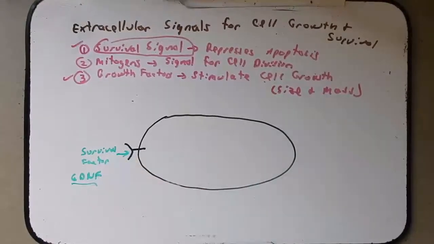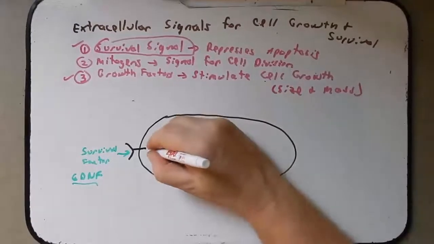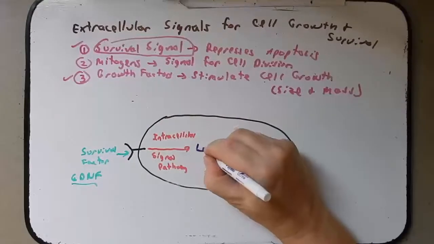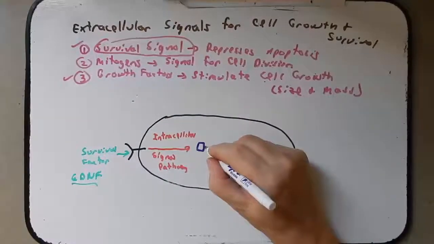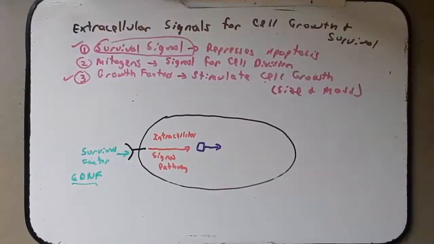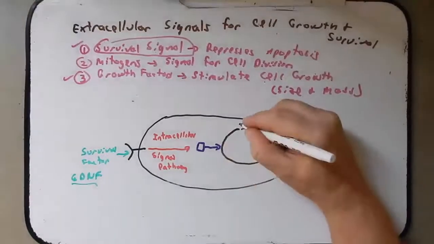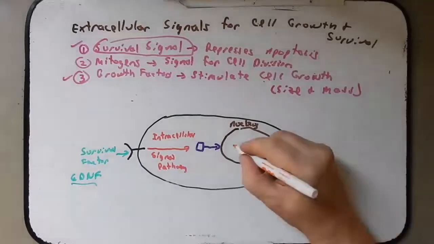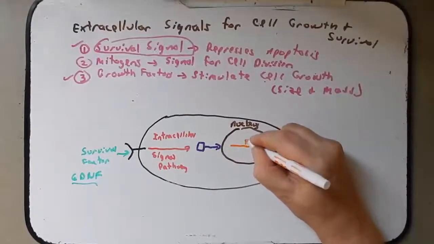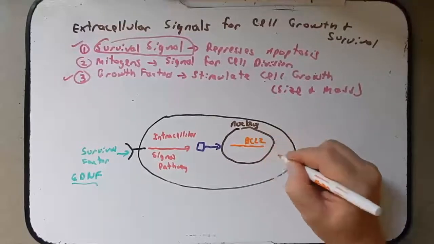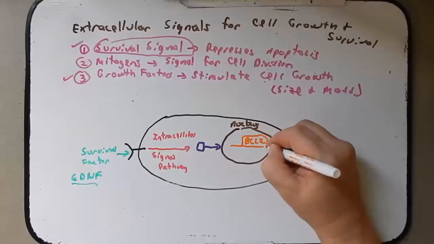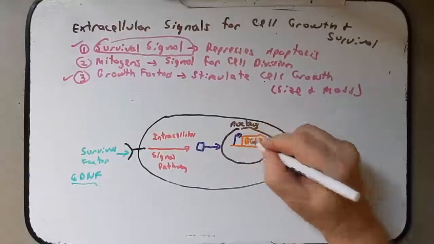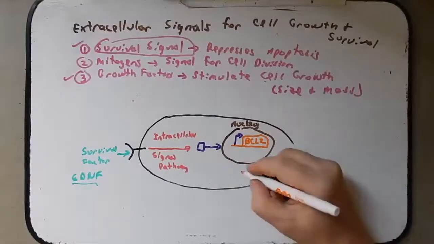So it binds here, and when it binds, it will activate an intracellular signaling pathway and activate a specific protein that we're not going to worry about the name of right now. But that will in turn move into the nucleus. Here's our nucleus. And it will activate the transcription of various genes, but the most important one right now is the gene called BCL2. With a name like that, it's got to be in the BCL family, and of course it is. And this BCL2 gene, when activated, will make the protein BCL2.